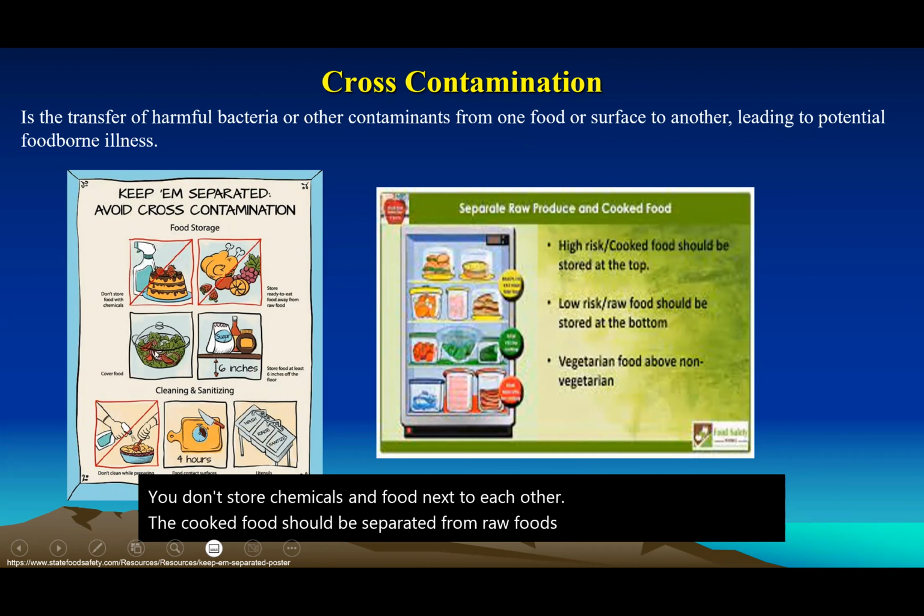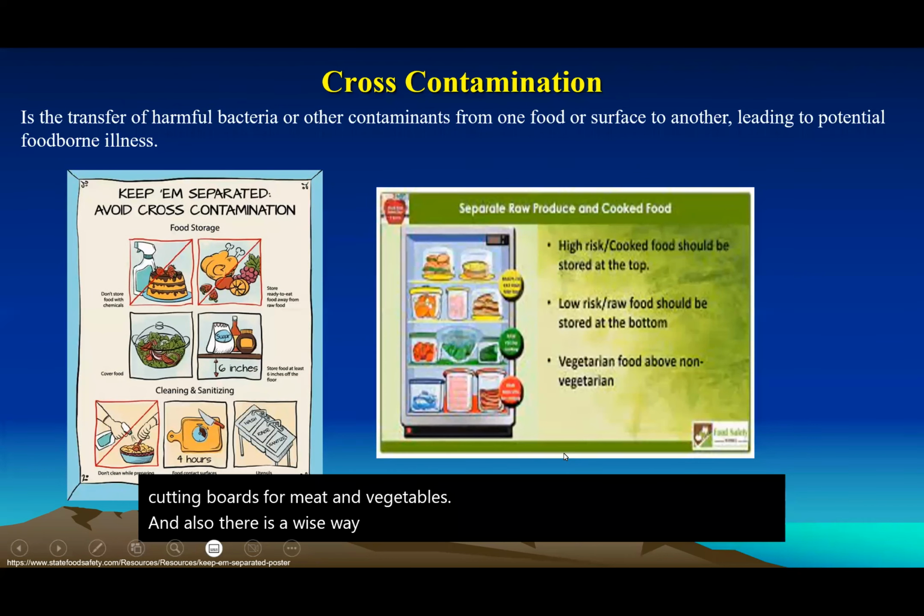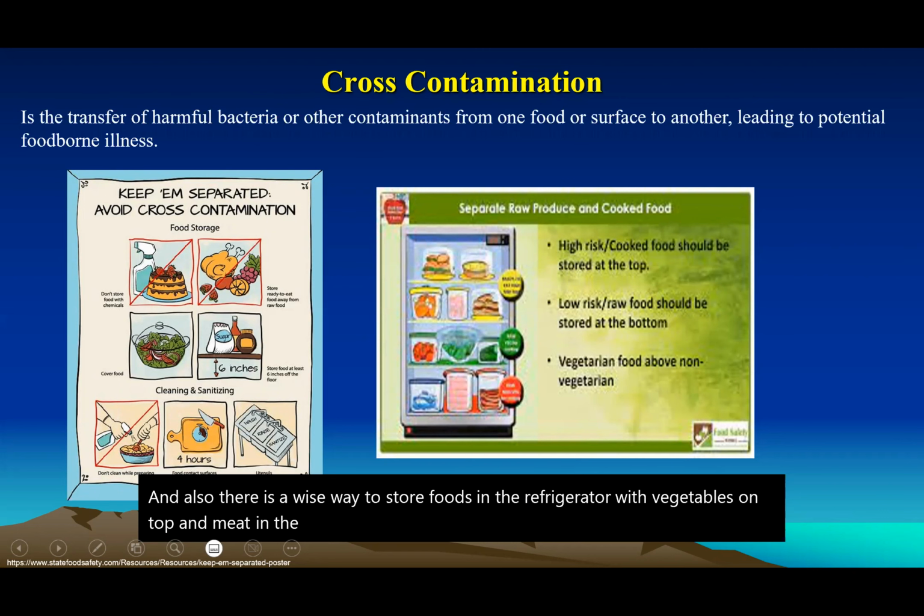Foods should be covered. They should be kept off ground. We should use different cutting tools and cutting boards for meat and vegetables. And also there is a wise way to store foods in the refrigerator with vegetables on top and meat in the bottom, cooked foods on top.